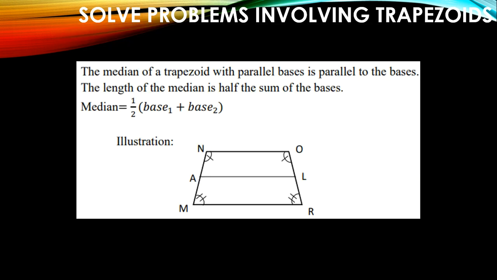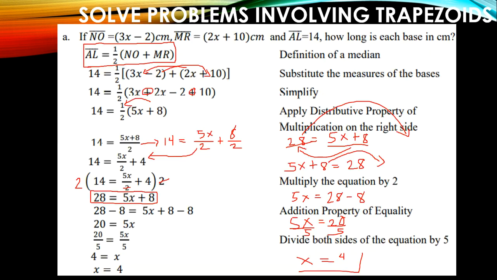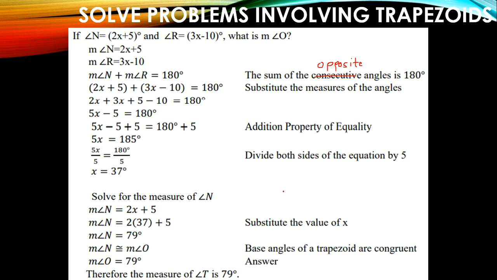So it is clear that angle N and angle R are opposite angles, and opposite angles of the trapezoid are supplementary. Okay, next let's substitute the measurements of the angles. The measurement of angle N, which is 2x plus 5, plus the measurement of angle R, which is 3x minus 10, you're going to add that, then equals 180 degrees.